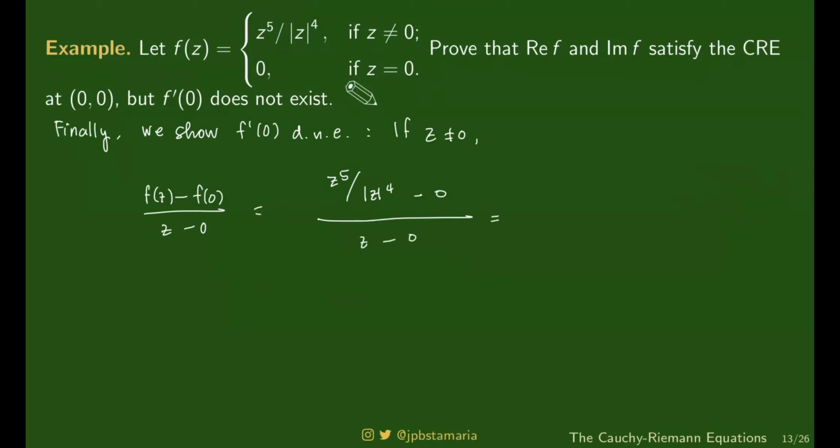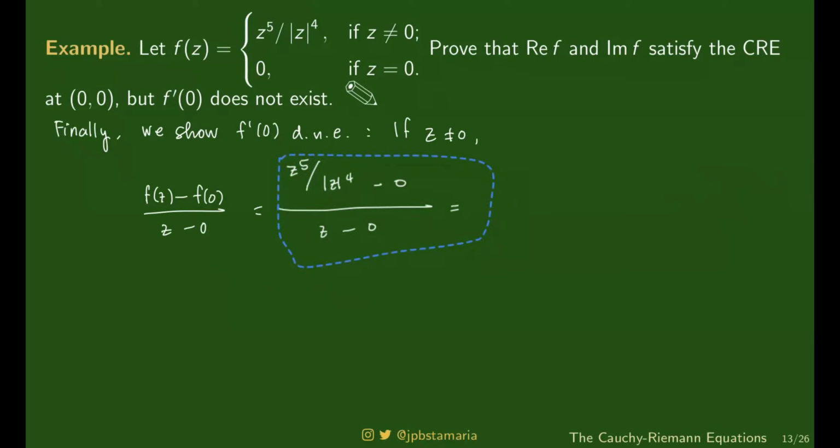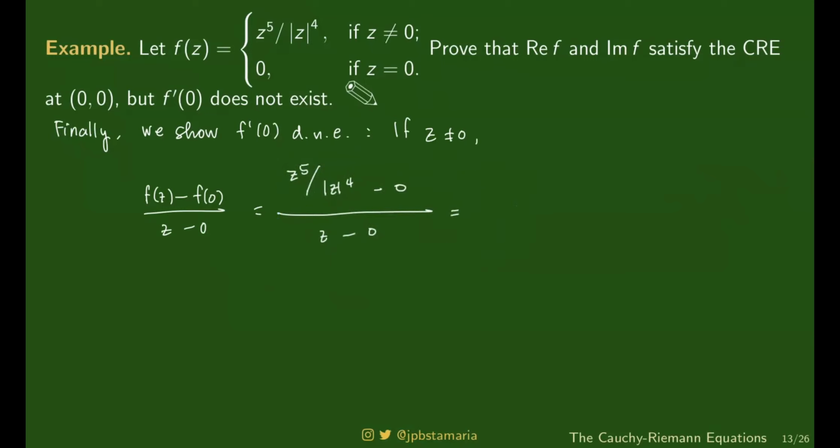And when this is simplified, ano mangyayari? Ang magiging z to the fourth over absolute z to the fourth. Okay? May gagawin akong trick to simplify this. Itong absolute z to the fourth ay absolute z squared times absolute z squared, diba? Anong alam niyo sa absolute z squared?